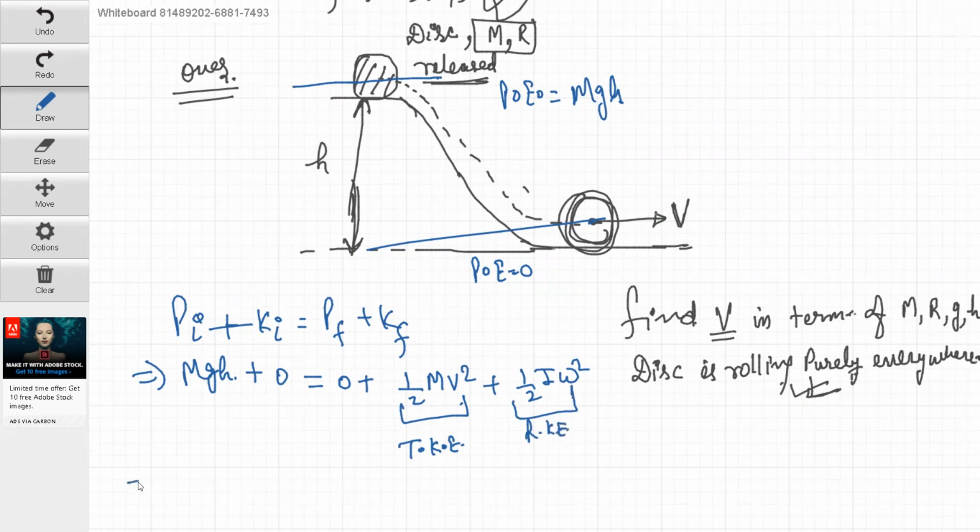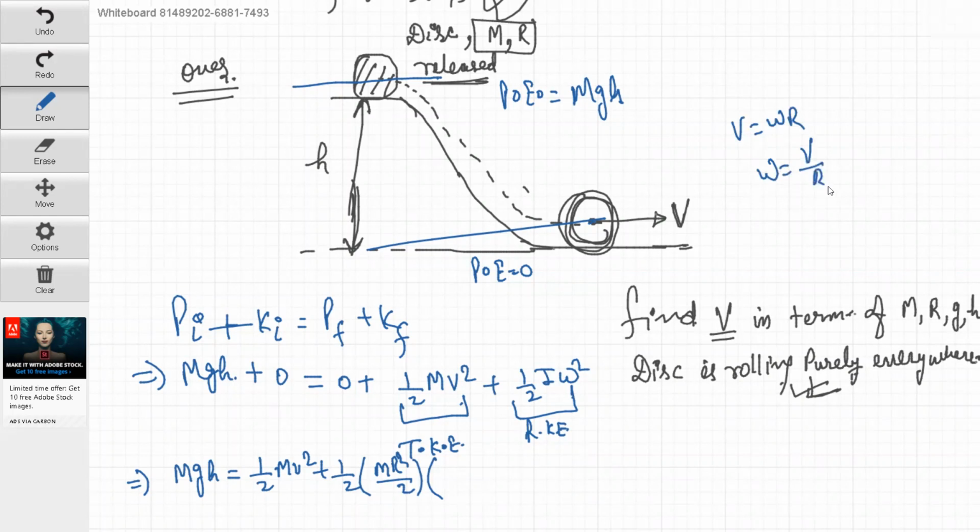So mgh is equal to half mv square plus half I omega square. I, the moment of inertia, is mr square by 2, into omega square. What is omega? Omega is equal to v by r, since v is equal to omega r. So omega square is v square by r square, and the r square cancels out.